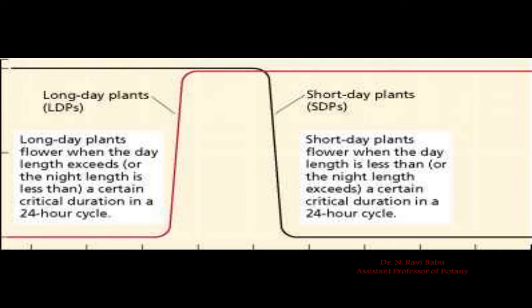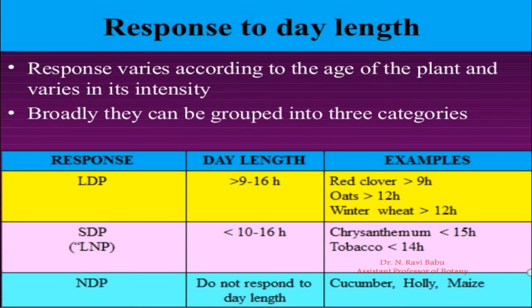Short day plants generally develop flowers when the days are less than 13 to 14 hours long. For example's sake, we can take chrysanthemum, xanthium, salvia, Maryland mammoth tobacco, etc.